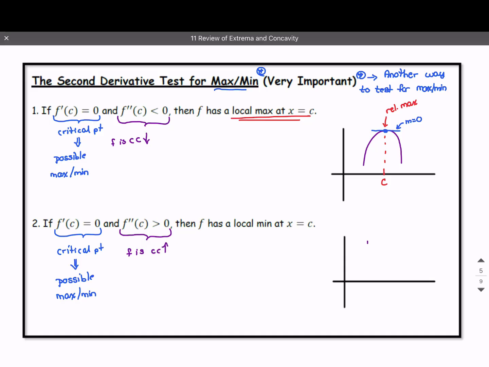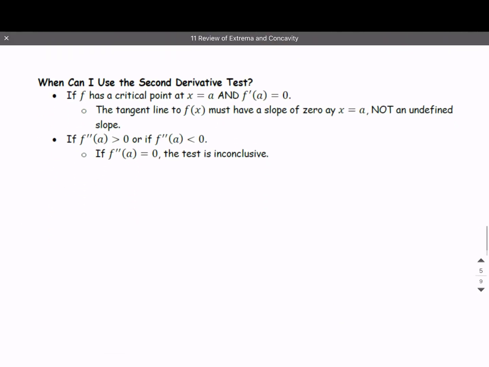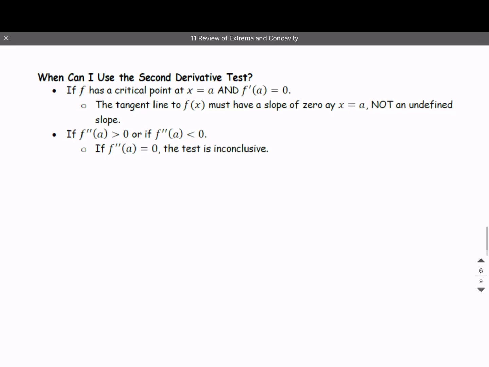So if I draw a concave up curve and I look for the point where I will have a horizontal tangent so that the derivative is 0, that's going to give me a relative minimum. So if we know that the derivative is 0 and the second derivative is positive, we must have a local minimum.